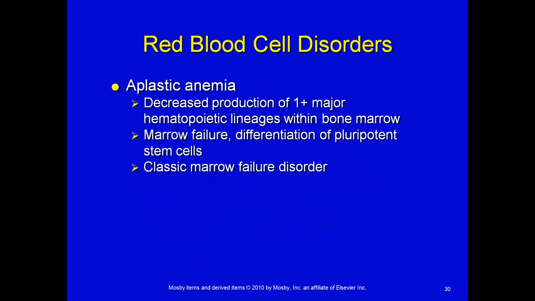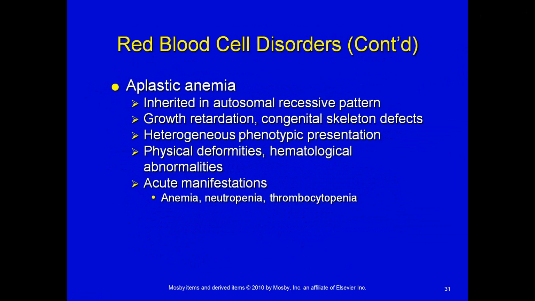And the end result, of course, is anemia or lack of red blood cells. Aplastic anemia is an inherited autosomal recessive pattern. We see it in patients with growth retardation and congenital skeletal defects. It has a heterogeneous phenotypic presentation.